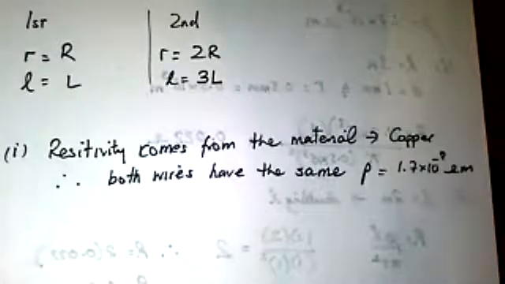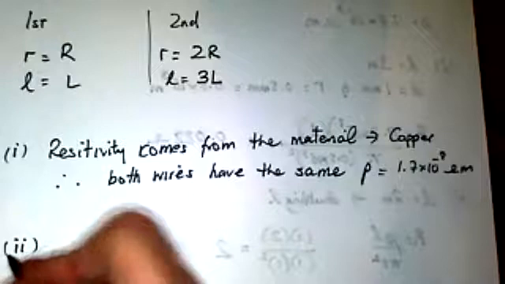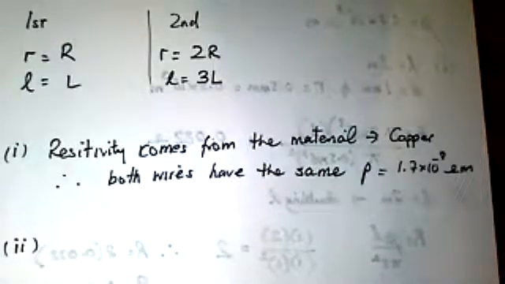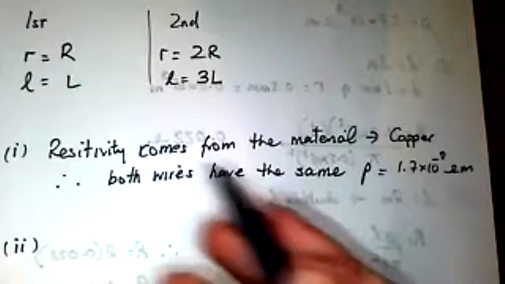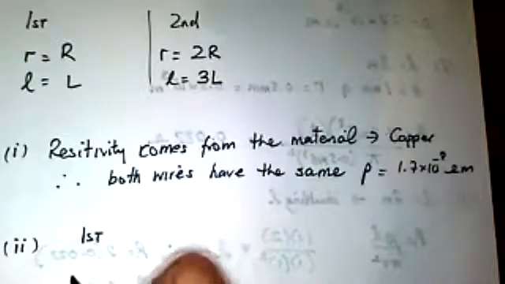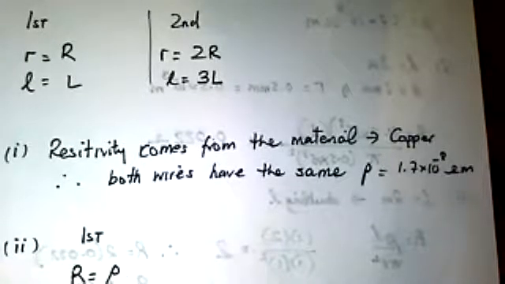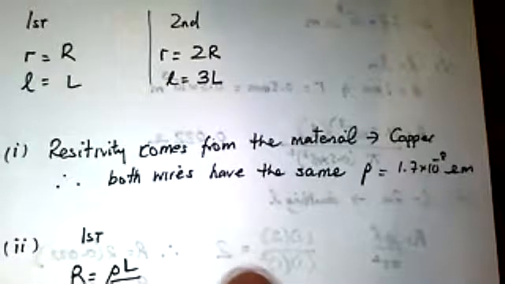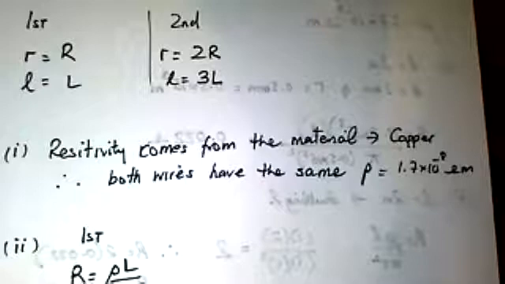Question number 2 says, which length of wire has the greatest resistance? If I look at the first, the resistance is going to be that resistivity times its length over pi r squared.